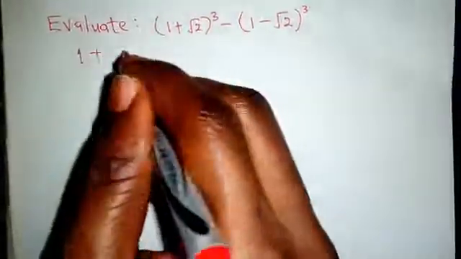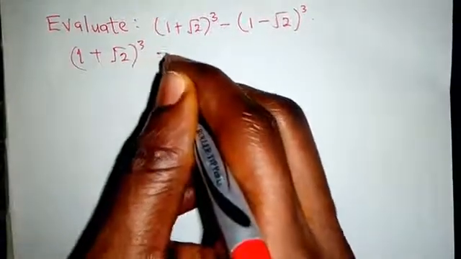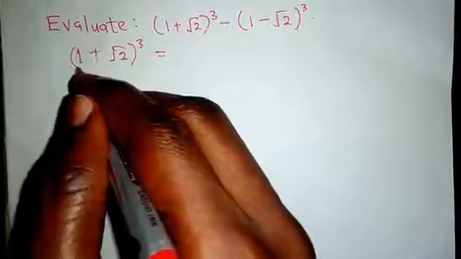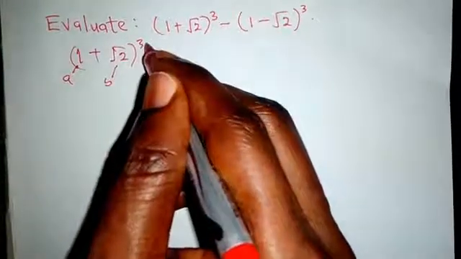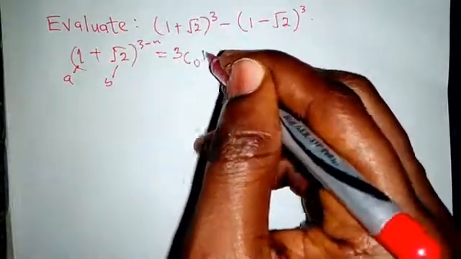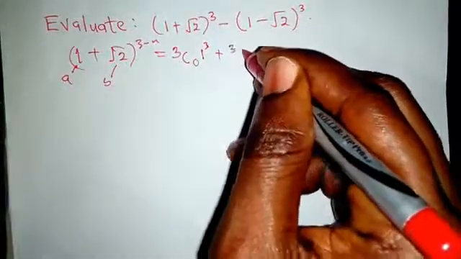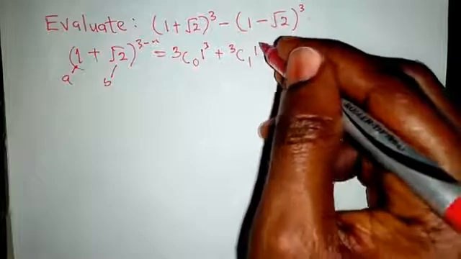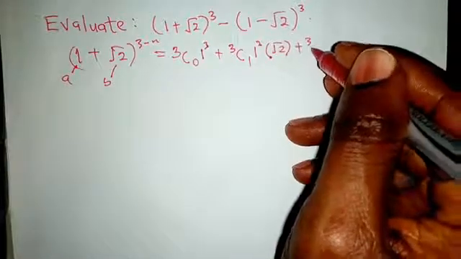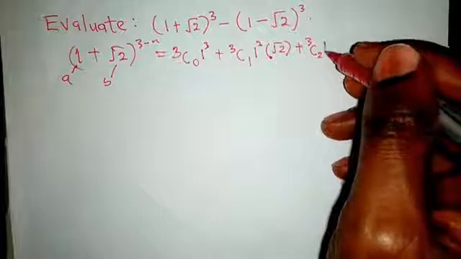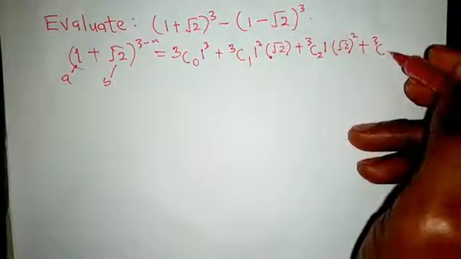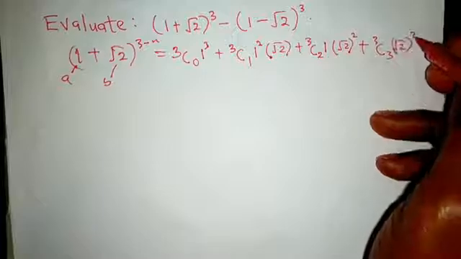So we have 1 plus root 2 to the power of 3 equals, now if we compare this to the binomial formula, this is A, this is B, and this is N. So we have 3 choose 0, A is 1 to the power of 3, plus 3 choose 1, 1 to the power of 2, times B, which is root 2 to the power of 1, plus 3 choose 2, 1 to the power of 1, times root 2 to the power of 2, plus 3 choose 3, root 2 to the power of 3.